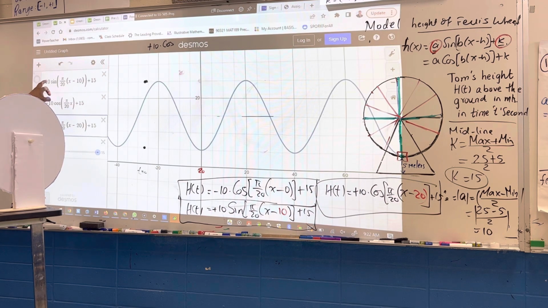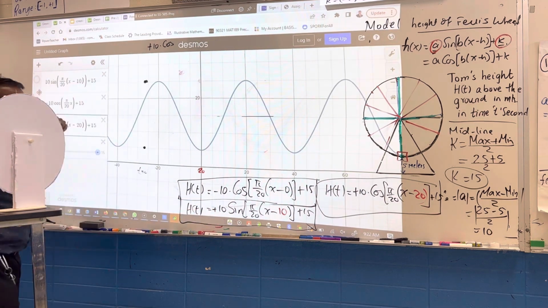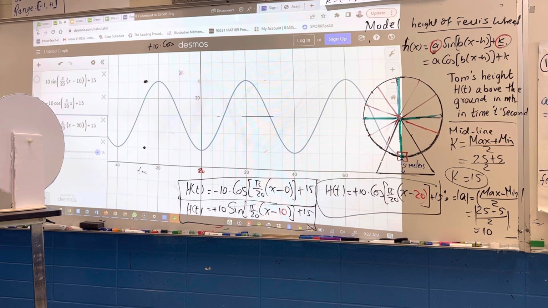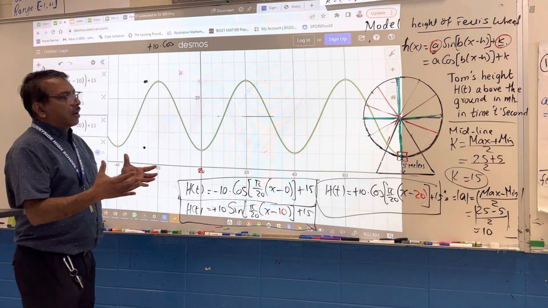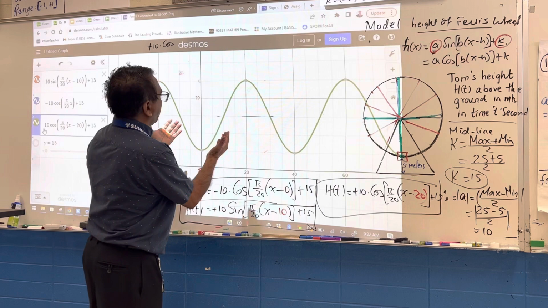Then the next one I use is tan of this one, and let me take this off, click on it, and that becomes the orange. What I'm trying to say is that this equation is the same as this equation, is the same as this equation. All three give you the same answers. So it's like, depending on the phase shift, where do you want to start.